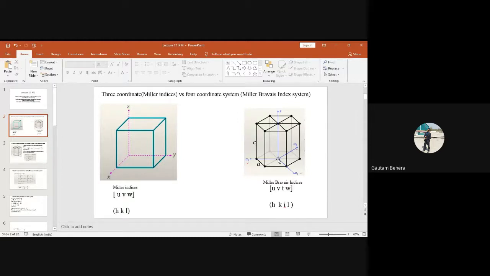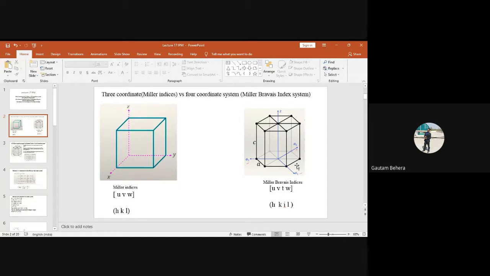This is the first axis, written as A1, this is the second axis, A2, this is the third axis, A3, and the last, fourth axis, is Z, or some people call it C also. It is better to write Z. So we have A1 axis, A2 axis, A3 axis, and Z axis. So this is a four coordinate system, and that's why we have to use Miller-Bravais indices.